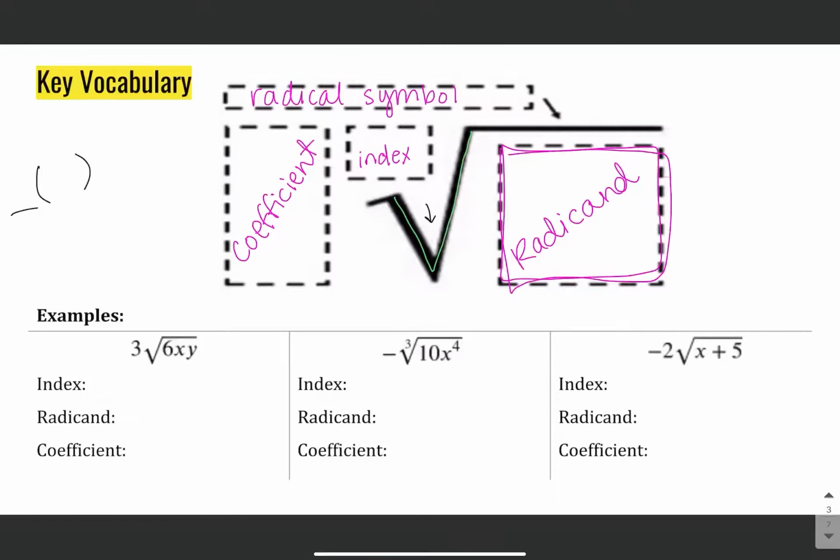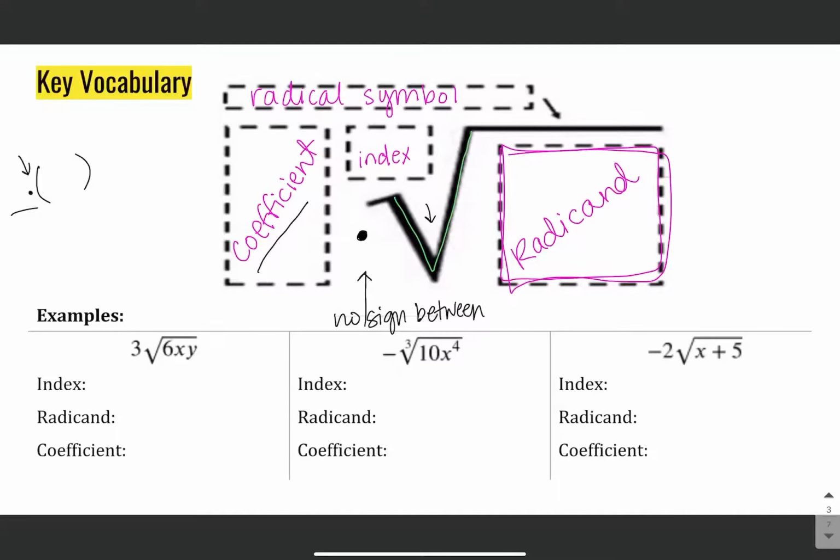And with parentheses, as long as there's no sign in between, we know it's a times. So notice right here how there's no sign between. So we would assume it's multiplication, which is why this is called a coefficient.